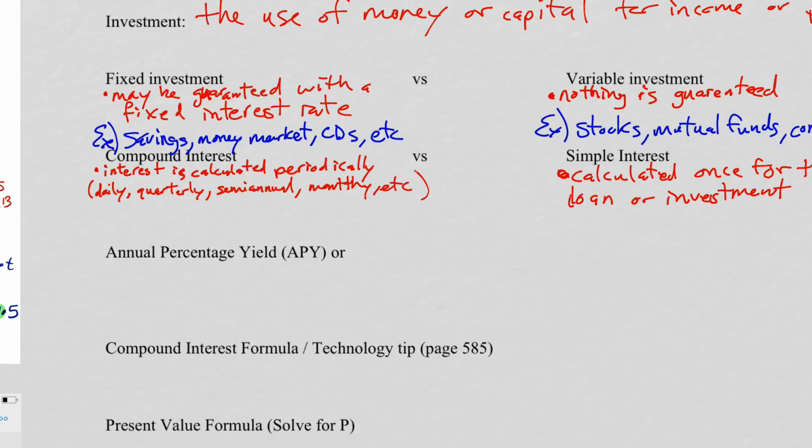And what's great about this is that the interest is compounded. What that means is that you're going to be making interest off the interest. So this adds interest to the principal for another calculation.